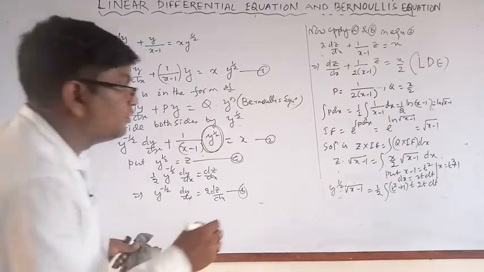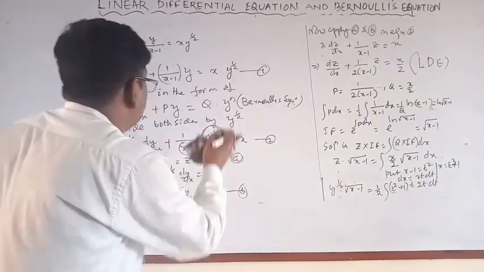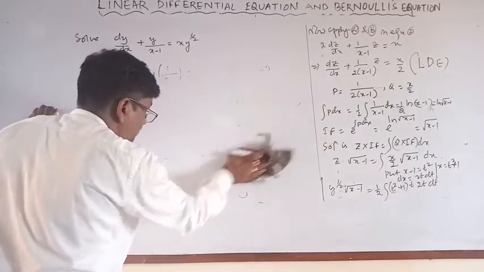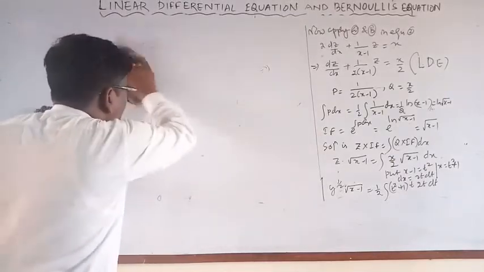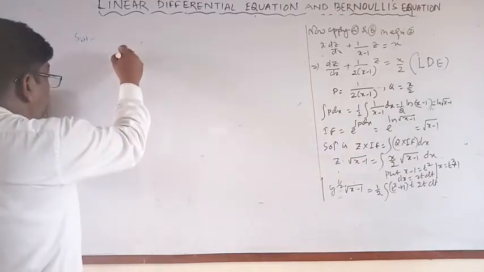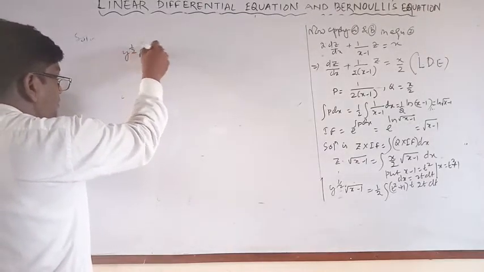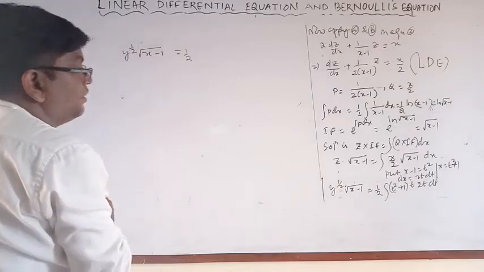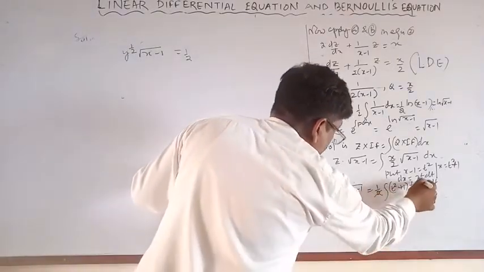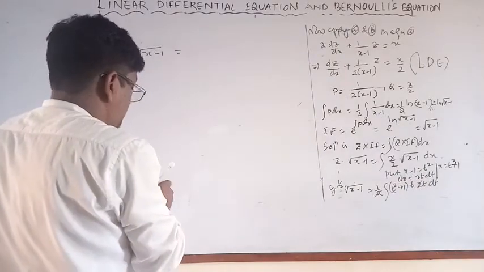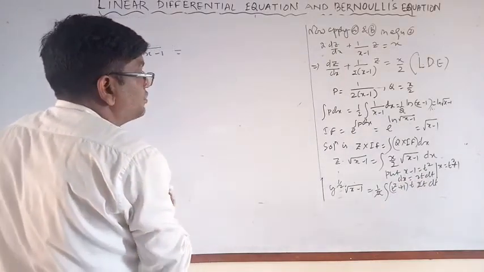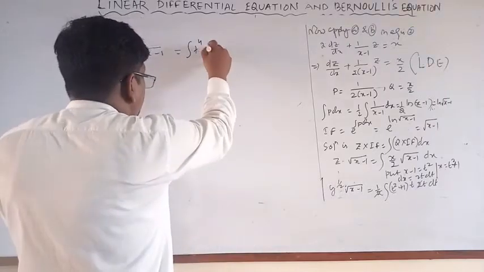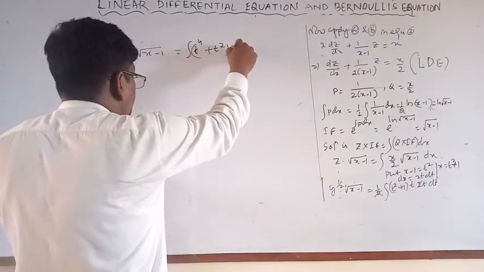Y to the power 1 by 2 into root over x minus 1 is equal to 1 by 2, and the 2 cancels. So t square into t square, that is t to the fourth, plus t square, dt.